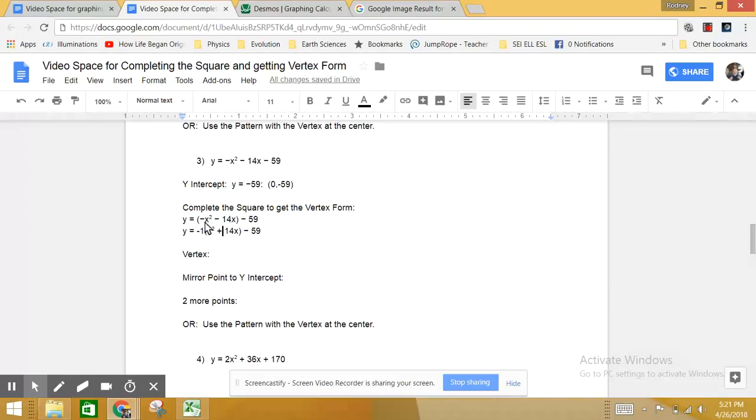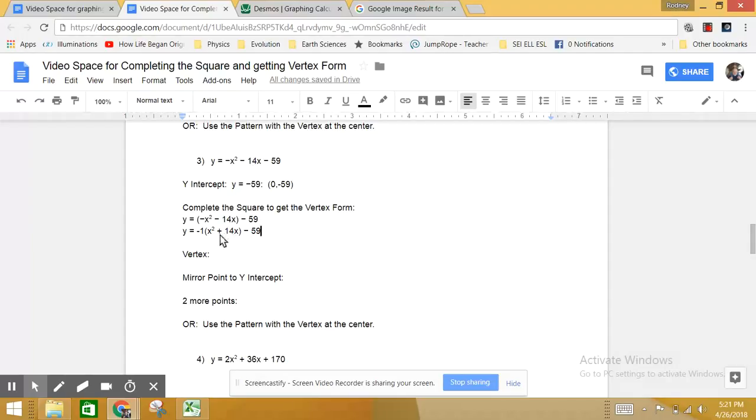I factored it out of both of them, so both of them change signs. I divided negative x squared by negative 1 and negative 14x by negative 1, which left them both positive. Remember, you have to factor it out of both of them. I have done nothing that changes this side of the equation at this point, but I'm about to.